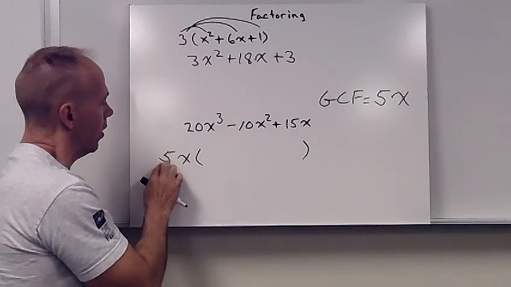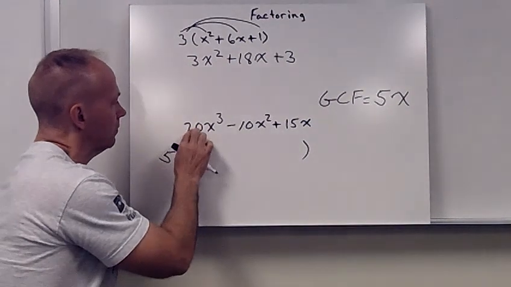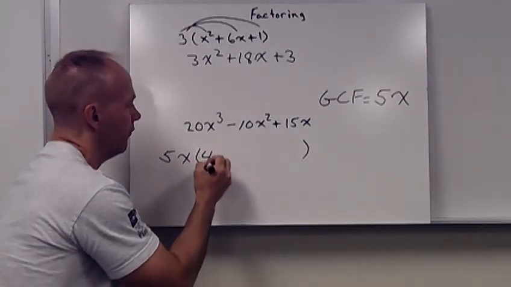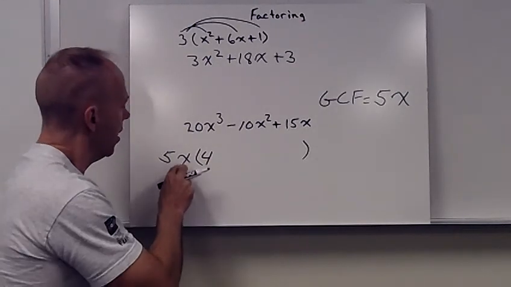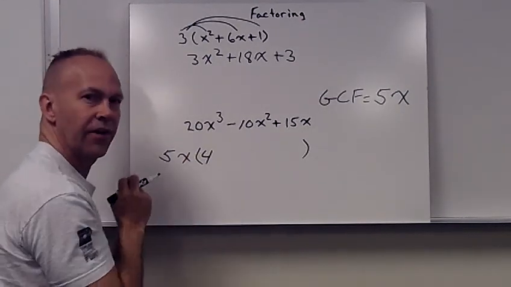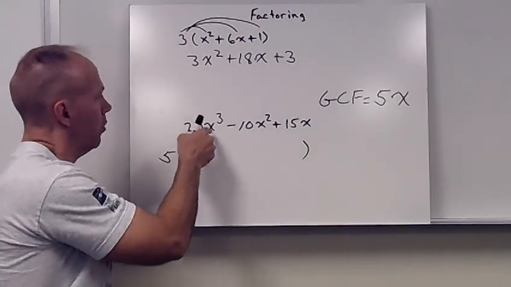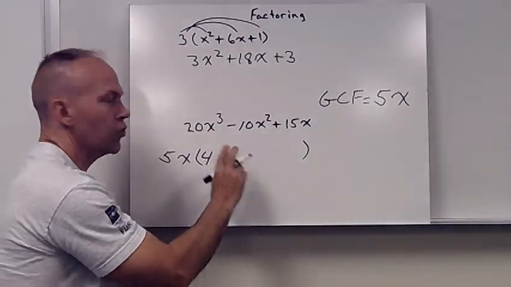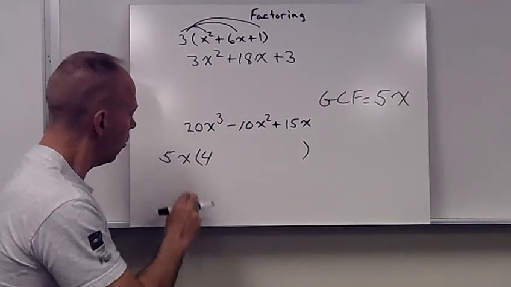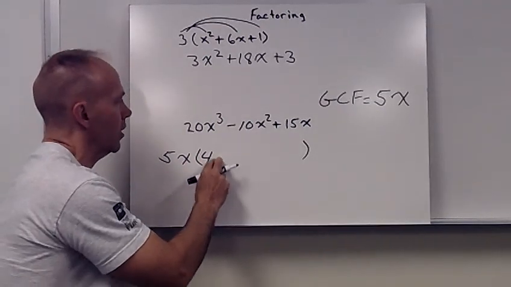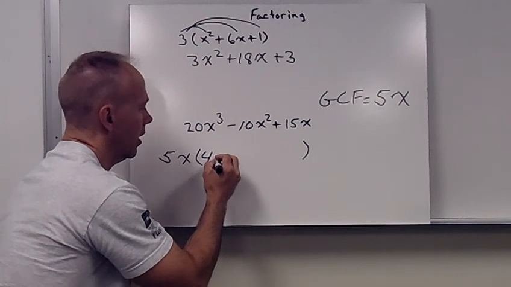Well, what I'm saying is 5 times what is 20? 4. If I pull an x out of x cubed, what is left? Well, if I pull 1x out, that's going to leave 2 x's there, or x squared. Or I can think x times what is x cubed? x squared.